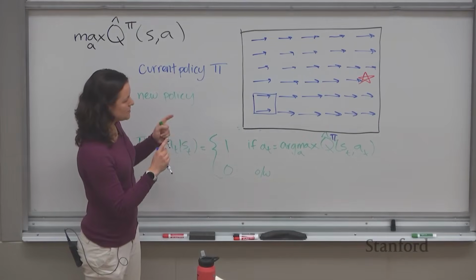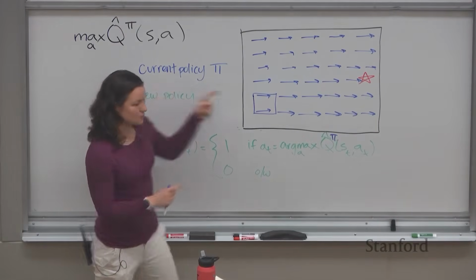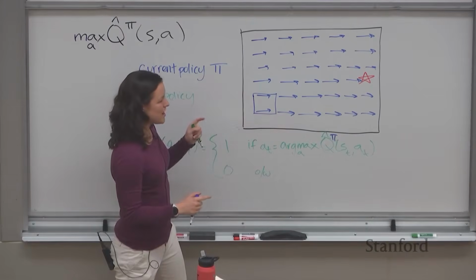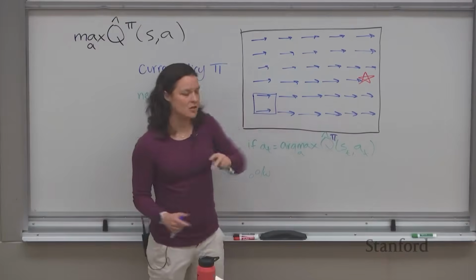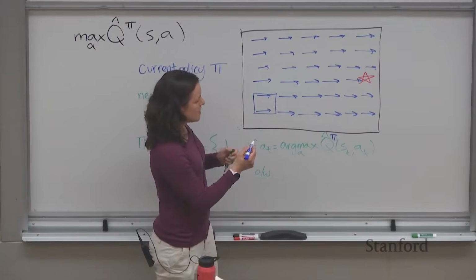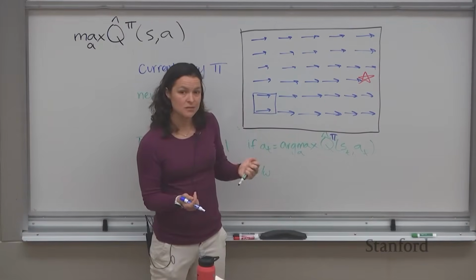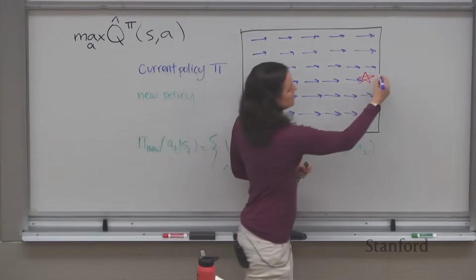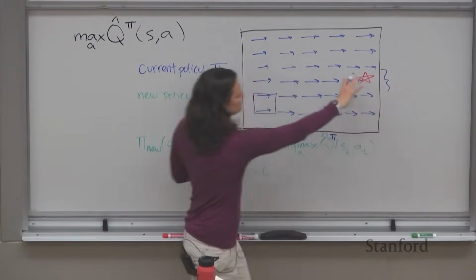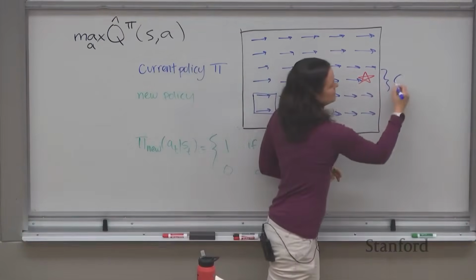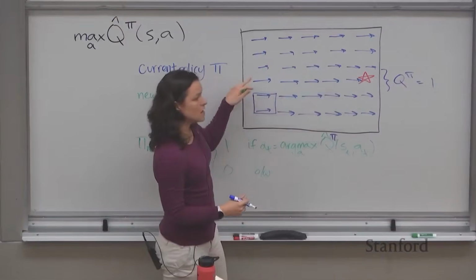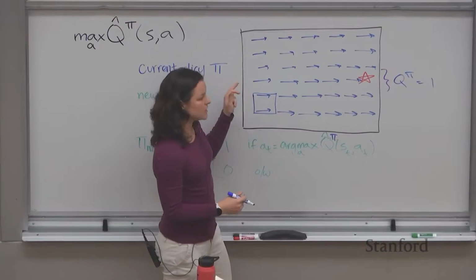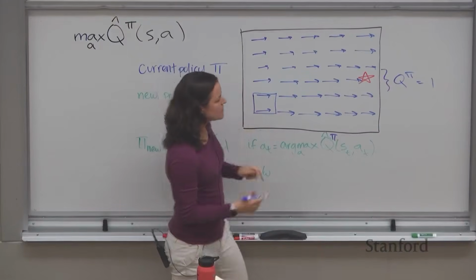So let's summarize that, and then we'll talk about whether it's the optimal policy. To summarize, the old policy is going right, and so that is not optimal, because if you're starting here, then you're not actually going to hit the star. And if you think about what q pi is for the old policy, everything in this region right here is going to have a q pi equal to 1 for all of these states and actions.